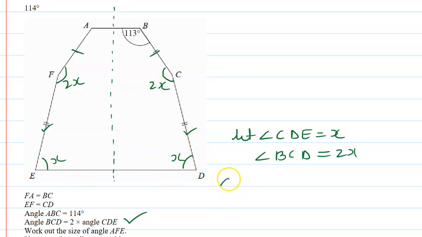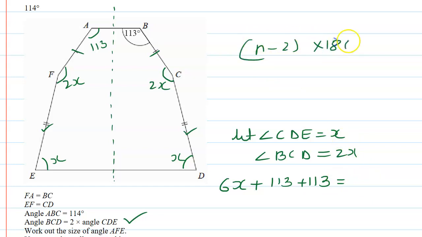2x plus 2x, 4x, 5x, and plus 6x. Yeah, 6x. Okay, because it is symmetry, so this is 113, so this should be 113. So let's write down here 113. So 6x plus 113 plus 113, what will be the sum? So sum formula is n minus 2 times 180 degree. Yeah, how many sides are there? 6.